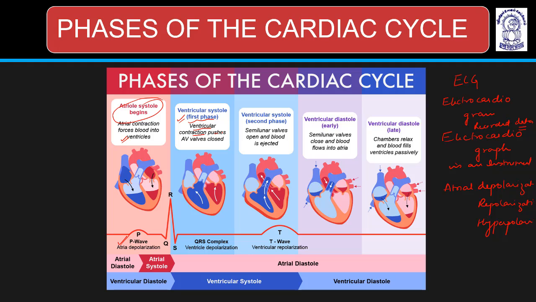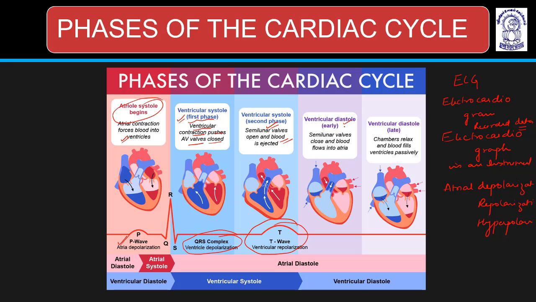Ventricular contraction pushes the AV valves closed, and because of ventricular systole, the semilunar valves will open in the second phase. So the QRS complex represents ventricular depolarization or ventricular systole. Systole basically represents depolarization, and the relaxation or diastolic period is represented by repolarization. The T wave represents the ventricular repolarization.